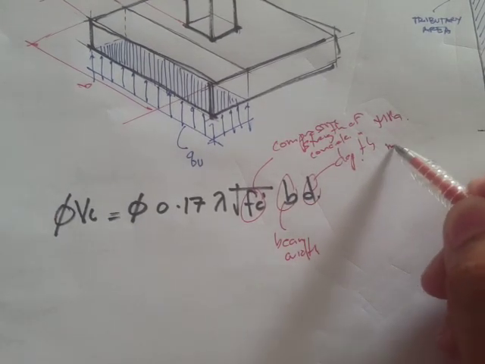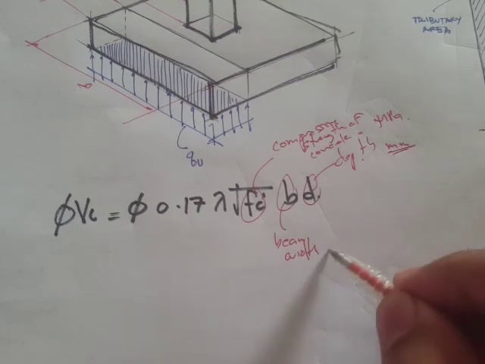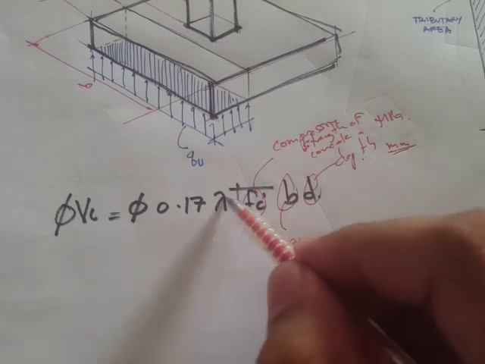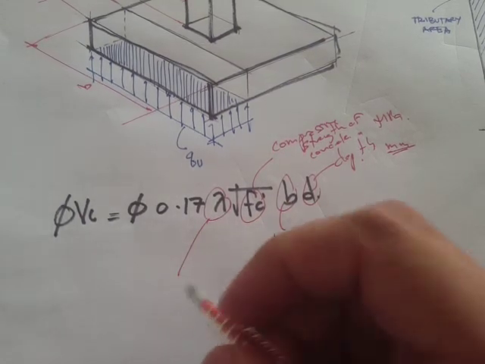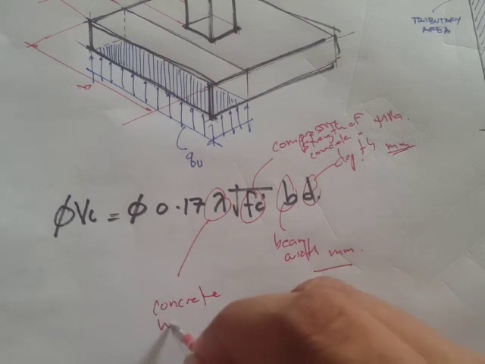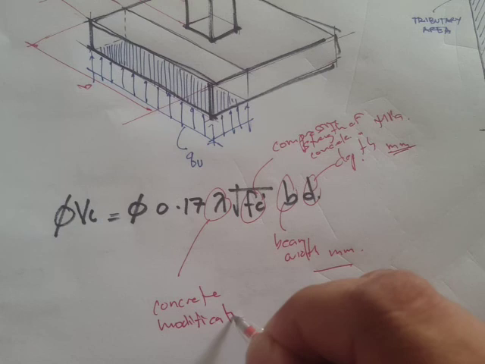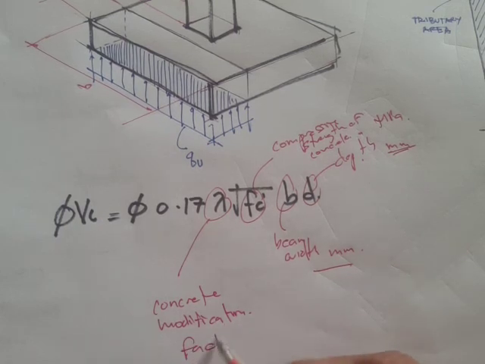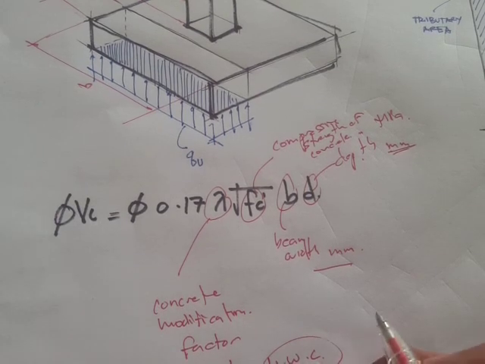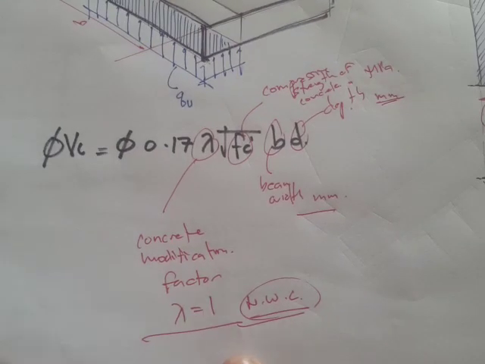The depth should be in millimeters, and the width should be in millimeters. And this lambda is the concrete modification factor. We just take lambda equal to 1 for normal weight concrete. Unless otherwise specified, we'll just use lambda equal to 1. Now, I guess I'm running out of time, and we'll continue this discussion in the next video.